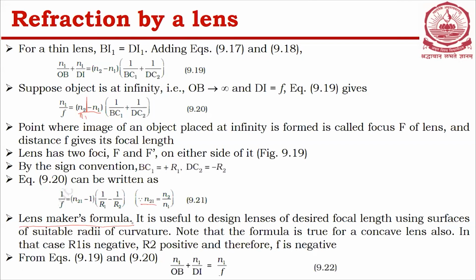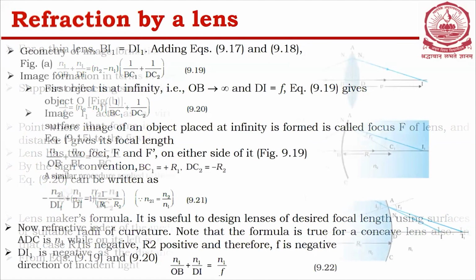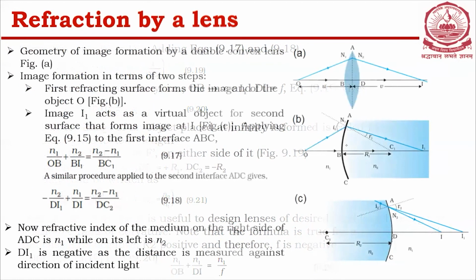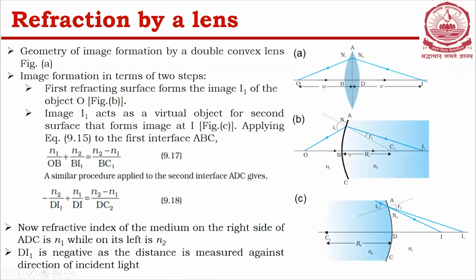This formula is useful to design lenses of desired focal length using surfaces of suitable radius of curvature, and the same way you can derive it using a concave surface also. In order to do that, you have to take a spherical concave refracting surface instead of a convex refracting surface.